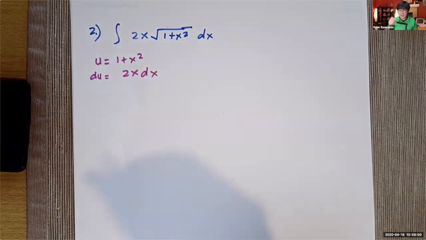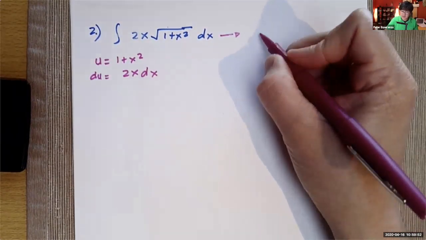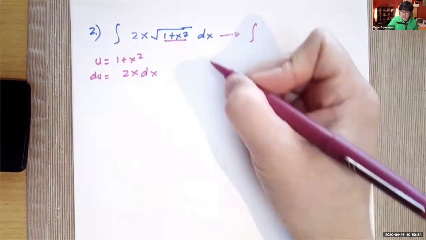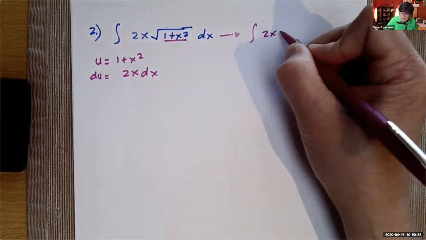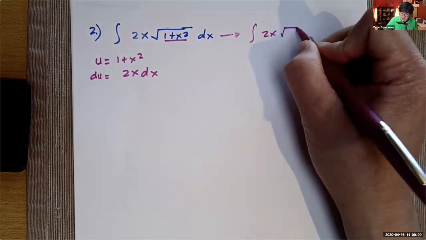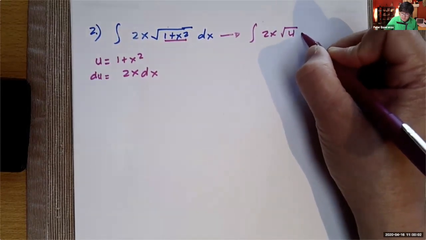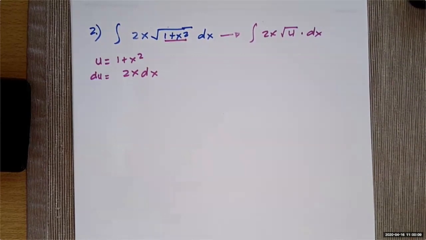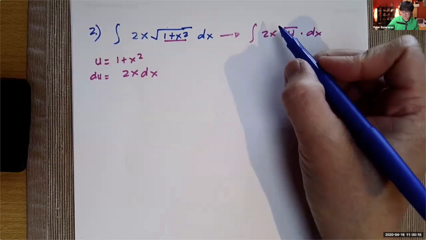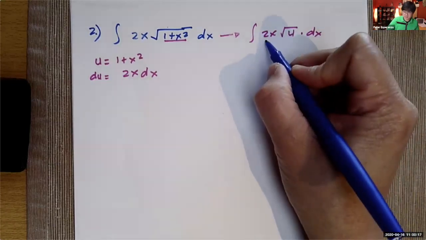So 2x dx, and then we're going to modify this, and we are going to change 1 plus x squared into u. So we'll have 2x square root of u times dx, right? Yes. Okay. Now, what do you notice? This is what I'm noticing.